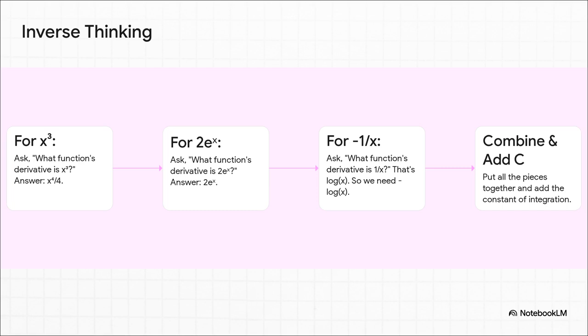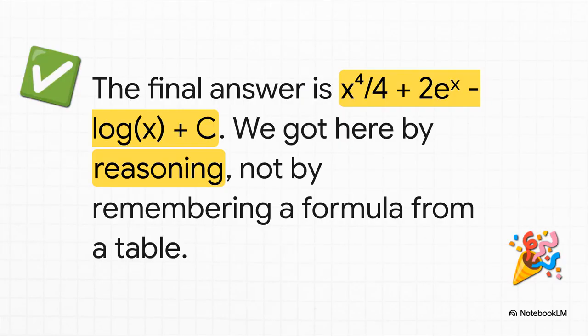It's just 2e to the x. Done. And finally, that negative 1 over x. We know the derivative of the natural log of x is 1 over x. So to get a negative 1 over x, the original function must have been the negative natural log of x. See? We just solved each piece by working backward. And there it is, our final answer. We put all those pieces we figured out back together, we add our trusty friend, plus C, and we're done.